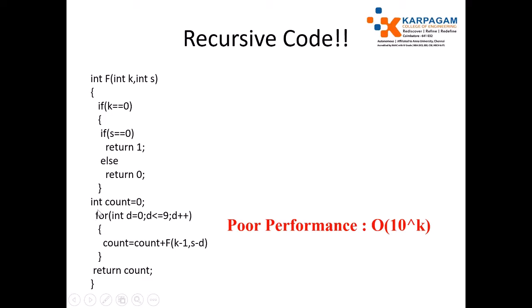Then we go for the general condition. Before applying the general condition, just set count equal to 0. Then use a loop from 0 to 9 for the decimal digits, and add to the count by recursively calling the f function. So f of k comma s is calculated by using f of k minus 1 comma s minus d. After solving this, return the count.